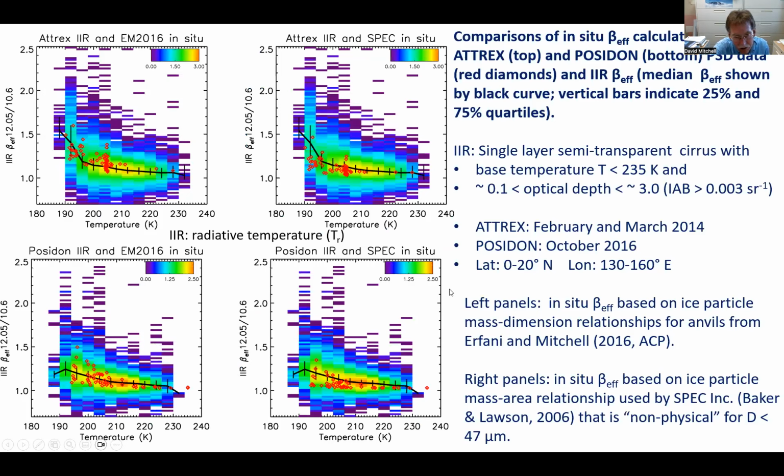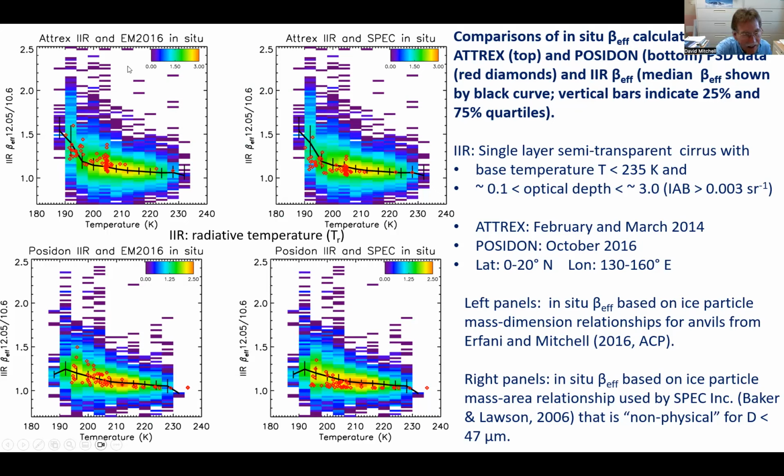When we actually put that into the retrievals, this is a comparison between in situ calculations of this beta parameter. The red triangles are the calculations based on in situ size distribution data, and the black curves are retrieved from CALIPSO.